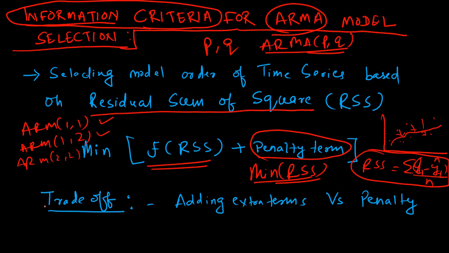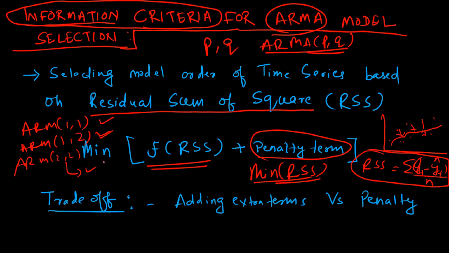But that's not true, because when you keep on adding more terms, like adding one more lag in this case, two more lags in the second case, automatically the RSS term will go down, right? So the residual sum of square will go down when you add more terms or more lags. Hence, we cannot say for sure that the ARMA 2 2 model is better than the ARMA 1 1 model in this case.